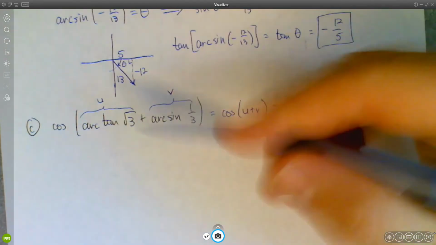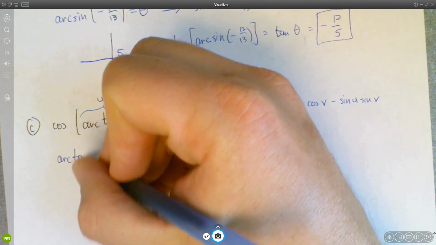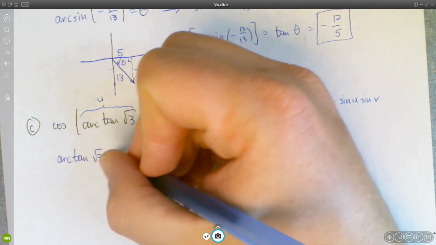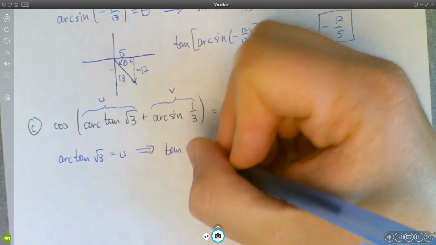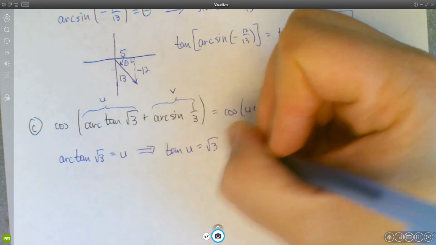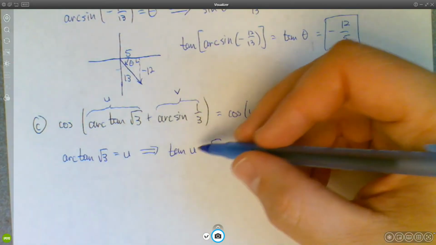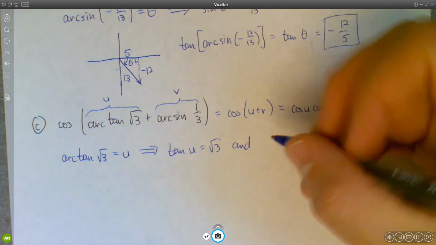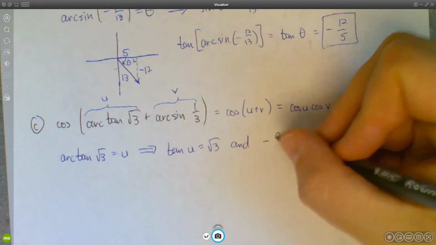So let's draw our little right triangles. If arc tan of root 3 equals u, then tangent of u equals root 3, and for the arc tangent function, u has to be between negative pi over 2 and pi over 2, or negative 90, positive 90, however you want to say it.